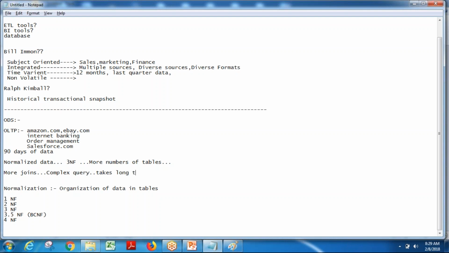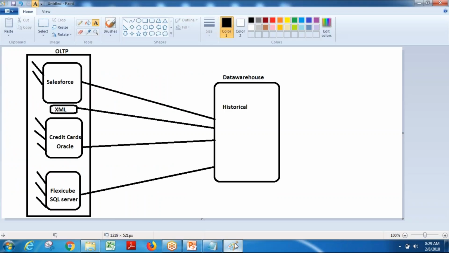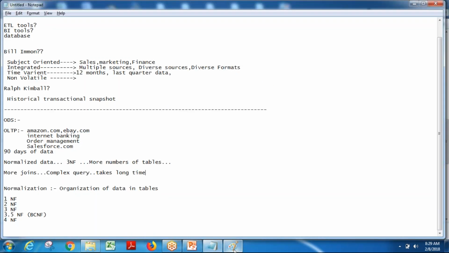So what I'm trying to tell you here is, transactional systems are not suitable for analysis, because you'll have more tables in the transactional system, you need to write complex queries, and there is no historical data. You cannot always compare historical data versus present data to understand growth. So it has its own limitations for analysis.